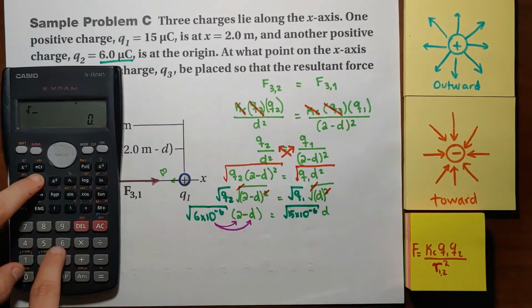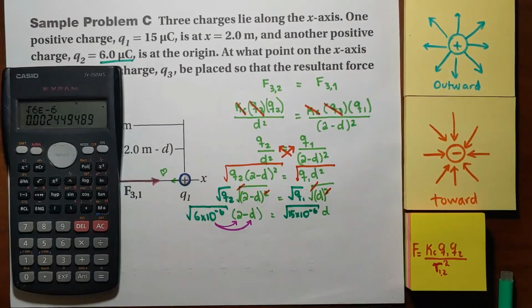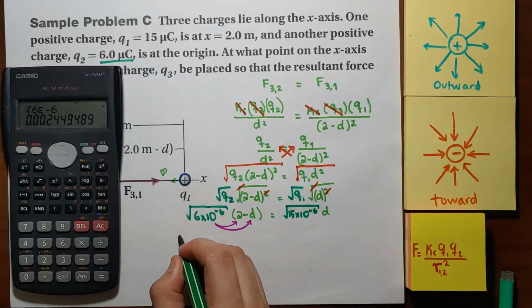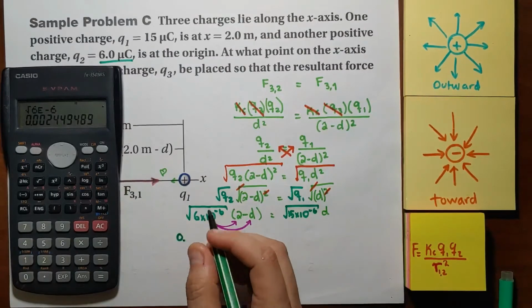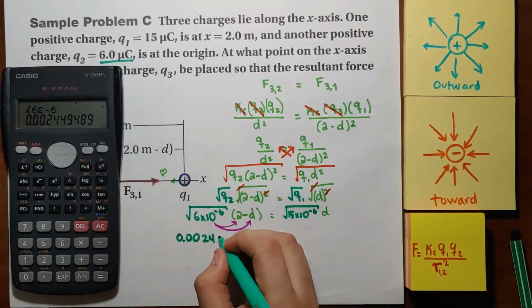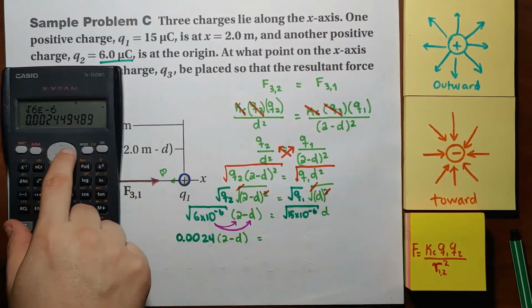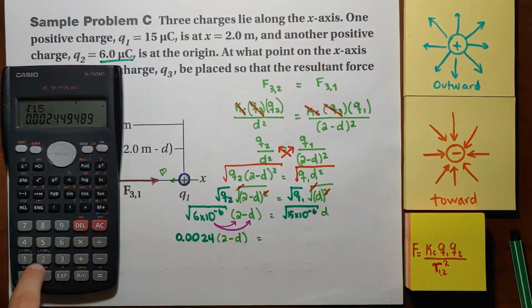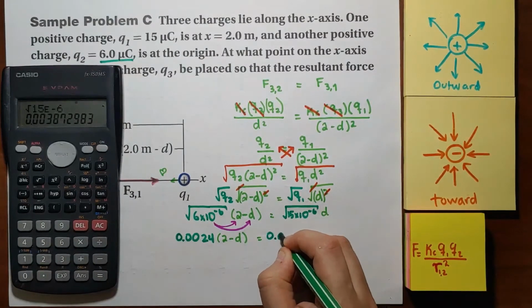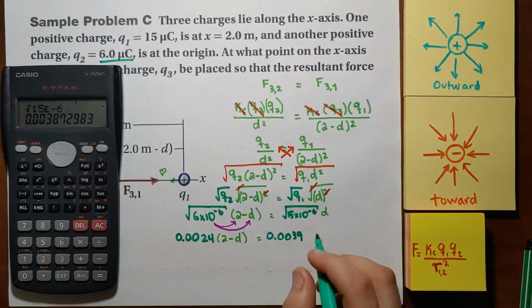So the square root of 6 times 10 to the negative 6 gives me, and here I'm going to use a lot of decimals, 0.0024, that multiplies 2 minus d, equals, now I'm going to do the same, the square root of 15 times 10 to the negative 6 gives me 0.0039 rounded, times d.